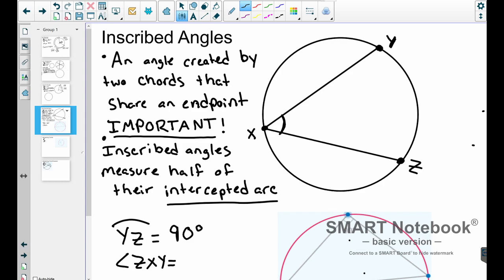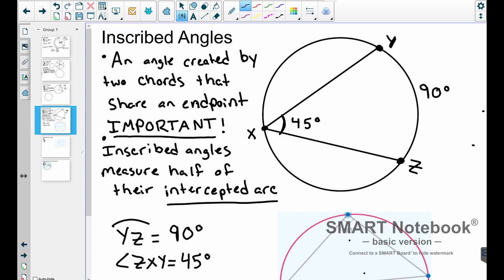Let's read the fact again. Inscribed angles measure half of their intercepted arc. So, angle ZXY being our inscribed angle, and knowing that YZ is 90 degrees, half of that would be what we put here. So what's half of 90? 45 degrees. So in this case, we know that our inscribed angle is equal to 45 degrees.